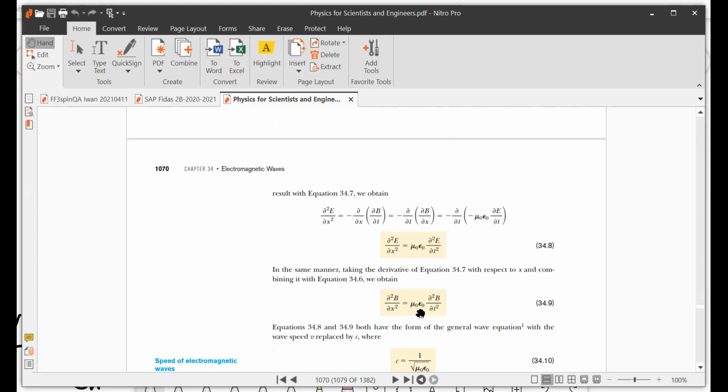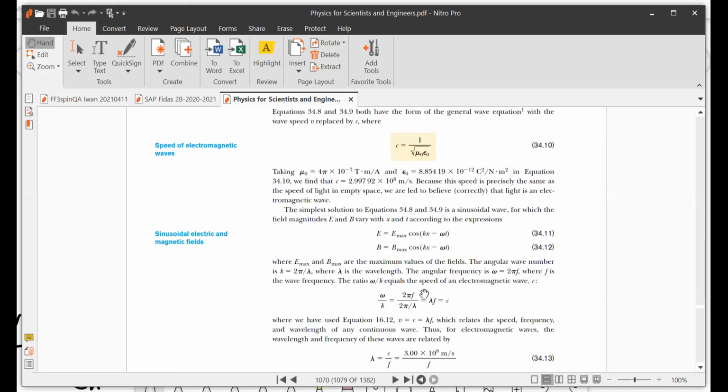This quantity, we call it 1 over c squared, where c is the speed of electromagnetic waves in vacuum. Vacuum means there is no matter. It's empty.